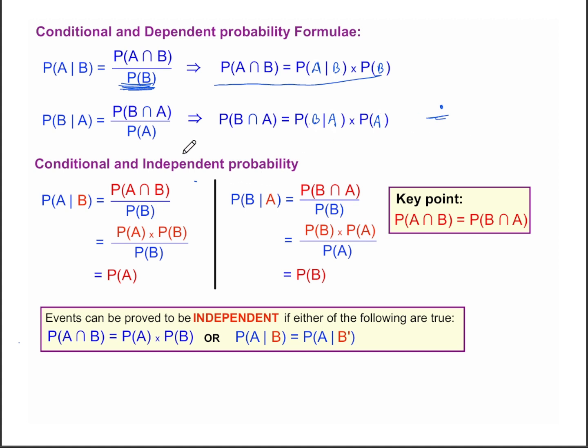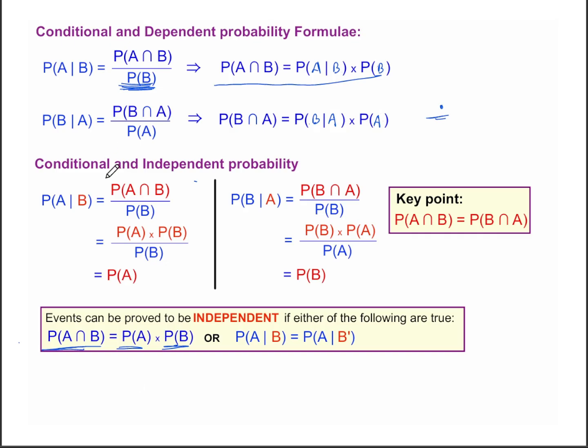If you have independence, remember what happens when you have independence? The probability of A intersection B is just the same as the probability of A multiplied by the probability of B. That's the condition when you have independent probabilities, two independent events.